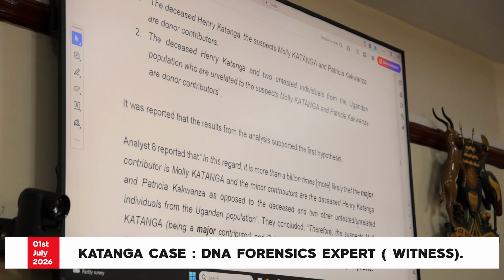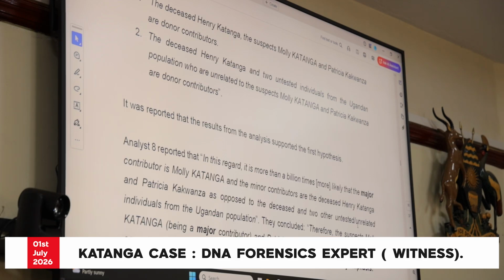The calculation has been processed on the assumption that DNA from Henry is present. It is then stipulating that all individuals are unrelated to each other.